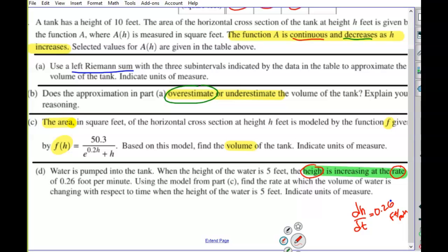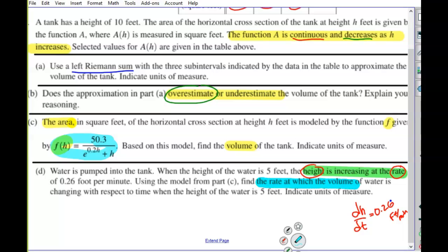Okay, so that's what I get away from that piece. And then it says, using the model from part C, so using this function, find the rate at which the volume of water is changing.